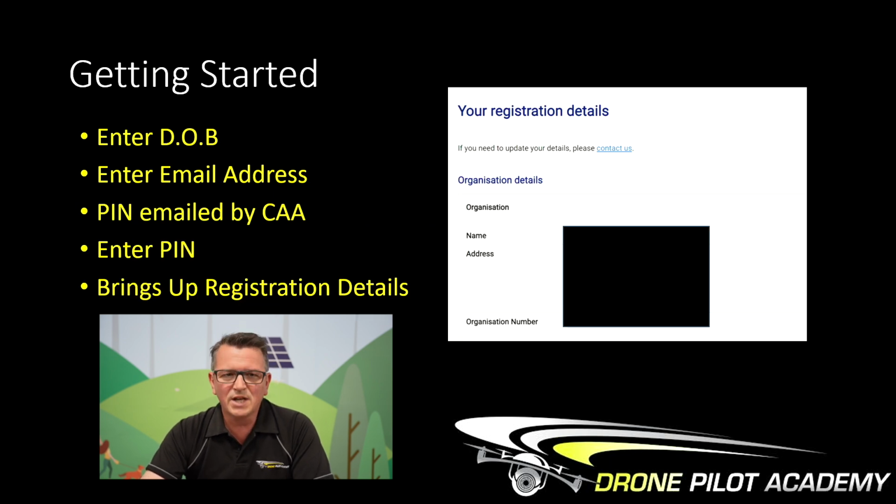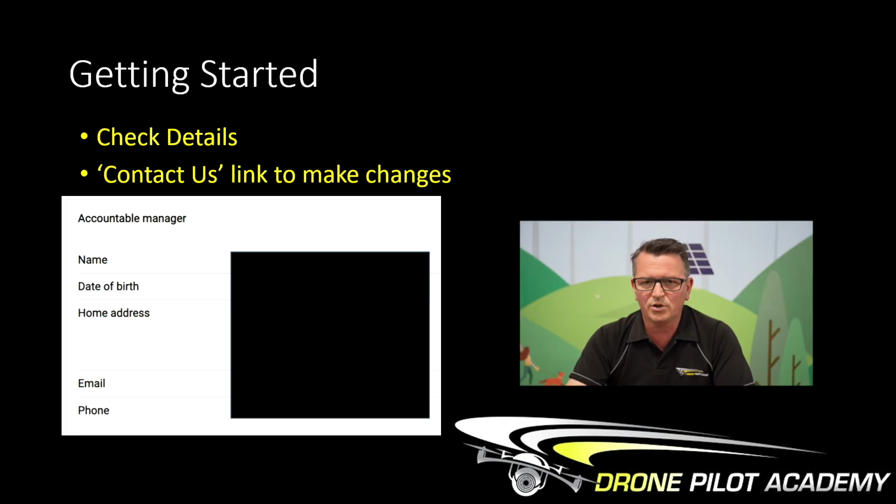So to get started then, all you do is enter your date of birth and your email address, and the CAA will then email you a code. You enter that code and it brings up all your registration details. So the first thing you need to do is check that your registration details are correct. So you look at the organisational details if you've applied for a PDRA or have an operator ID as a company.